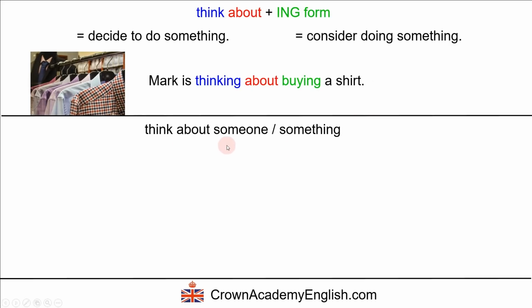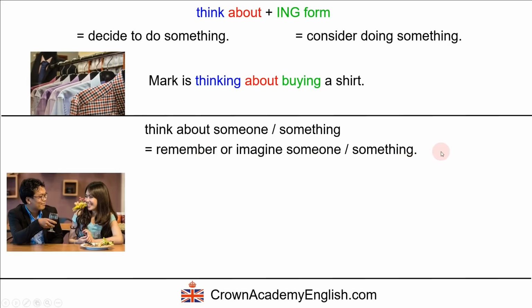We can also say think about someone or something. Sorry, this should be in blue and this should be in red. It means to remember or imagine someone or something. David says, I was thinking about you yesterday. So I was remembering you yesterday.